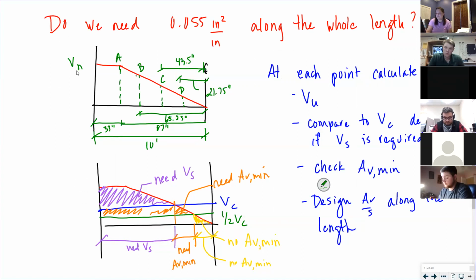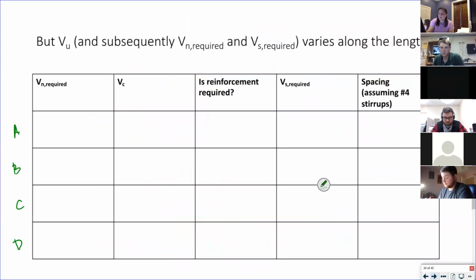Oh yeah, that needs to be VN because I didn't put any phi on my VC. So if this is 140 kips at point A, then just basically multiply that by a half or a quarter or 3/4. So let's say 140 kips, 70 kips.